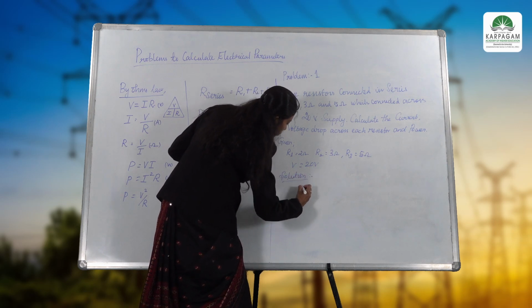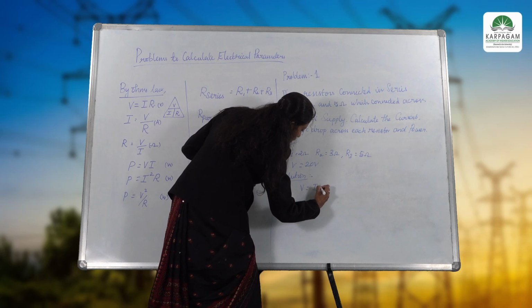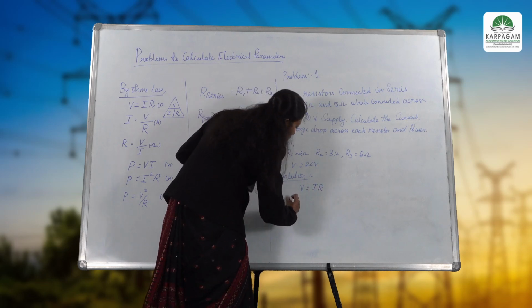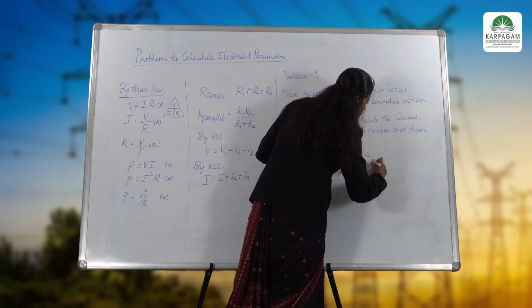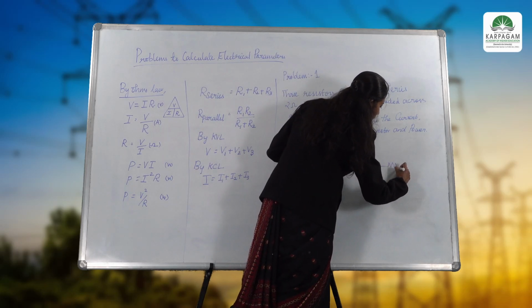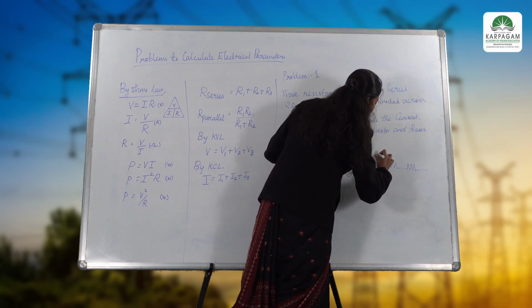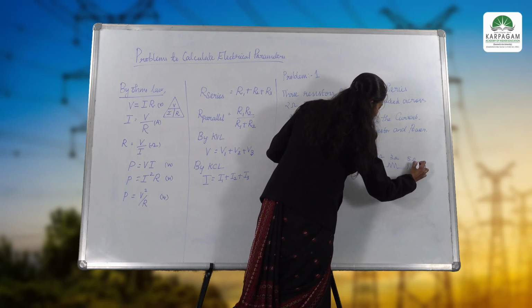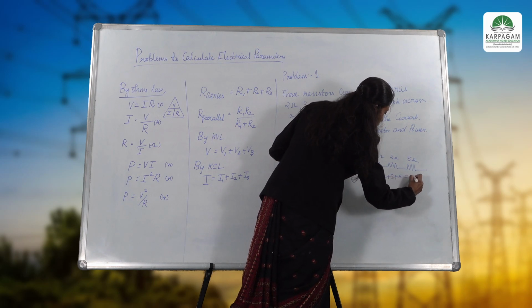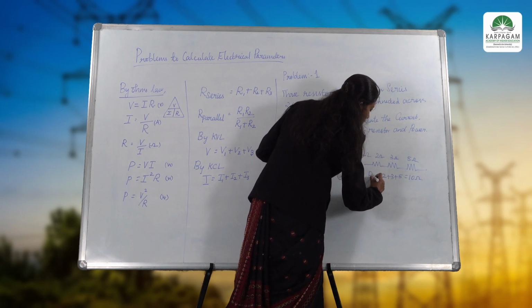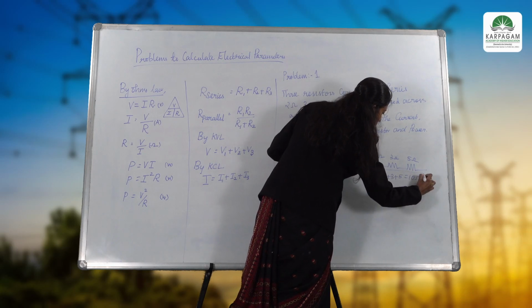we know that V is equal to I into R. So the total resistance: from this problem, we know that the 3 resistors are connected in series, in the sense my R total will be 2 ohms, 3 ohms, 5 ohms. So 2 plus 3 plus 5, which is nothing but 10 ohms. The total resistance RT will be equal to 10 ohms.